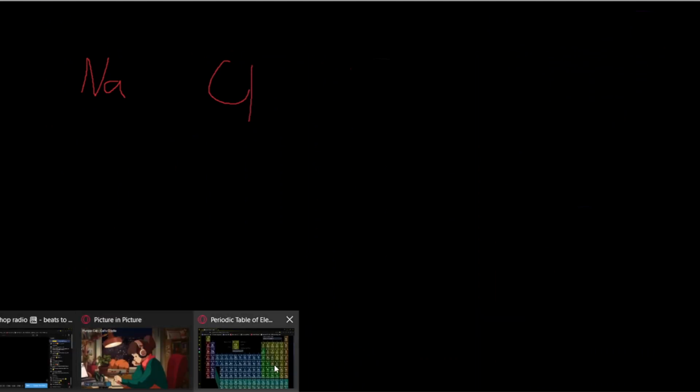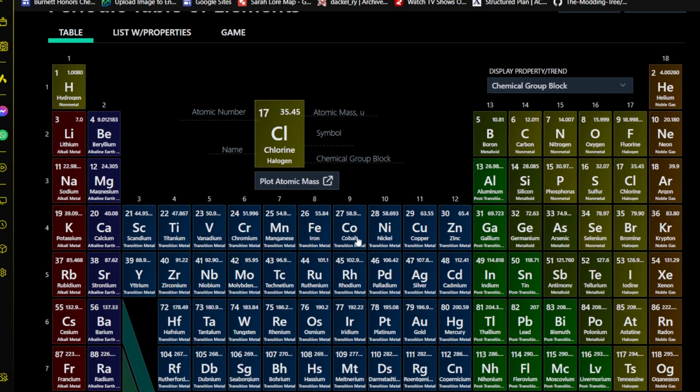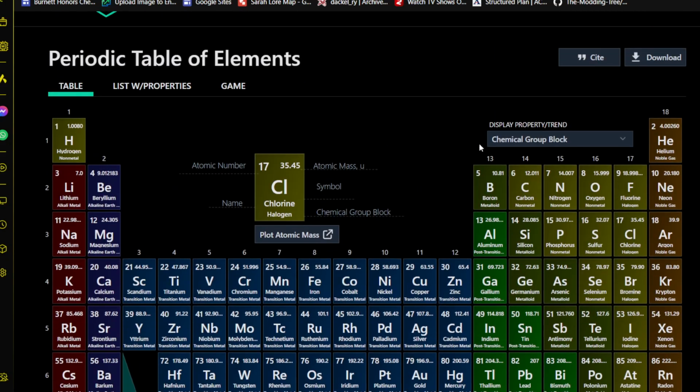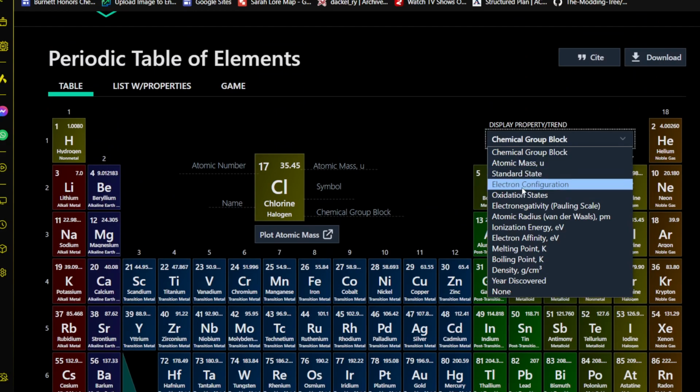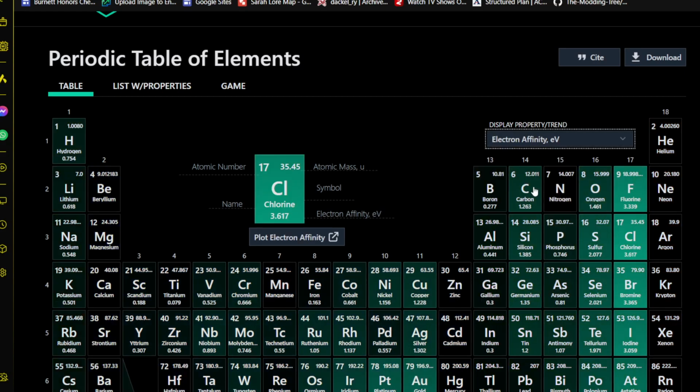Now, if we look at the electric charges of both of those, this is how you know how many you're going to need. Sodium is in the ones column, group 1. Chlorine is over at 17. Now, how we like to do these is, where are you?